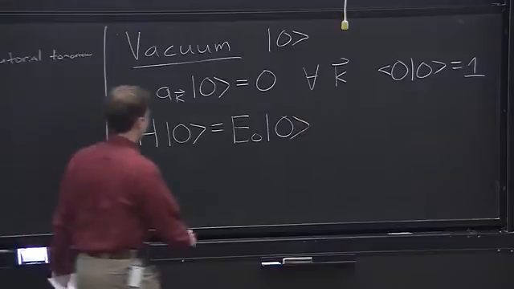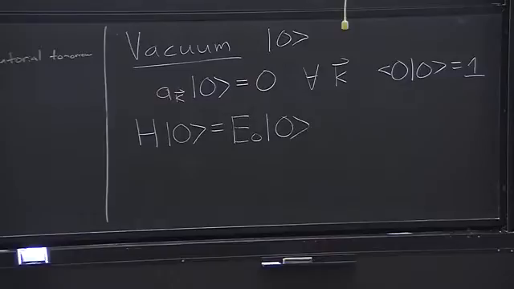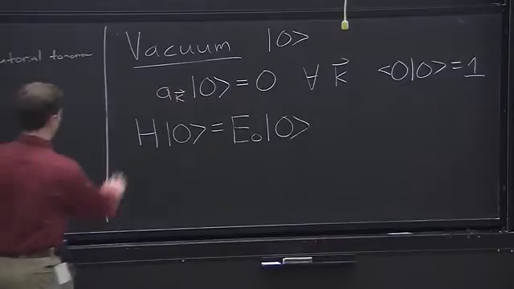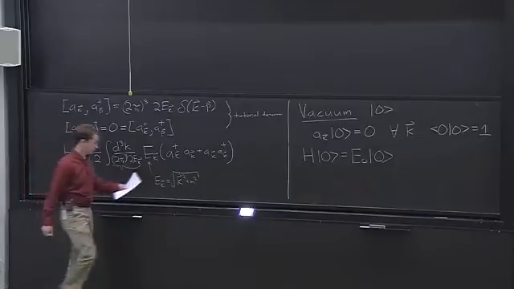This is the ground state energy of our theory, and we can compute it just by acting with H on |0>.